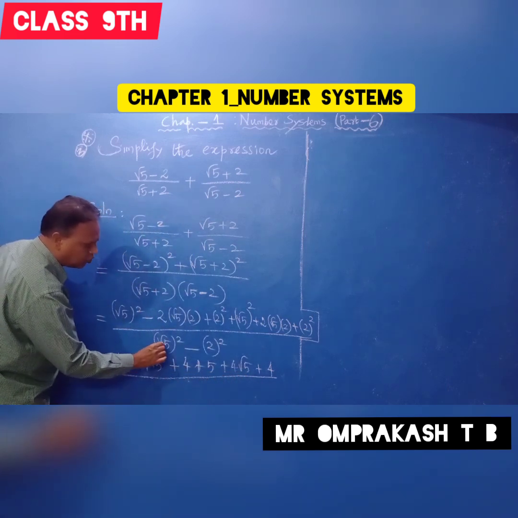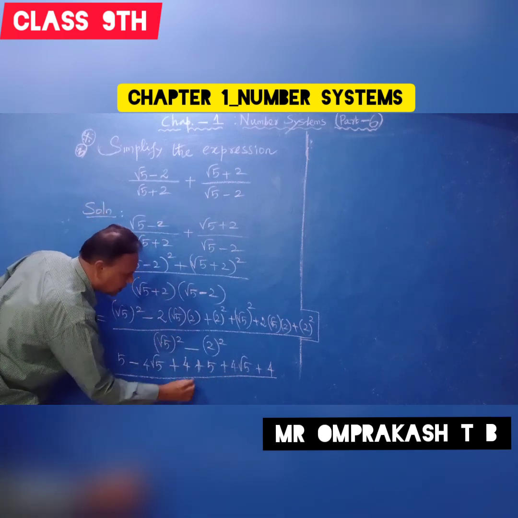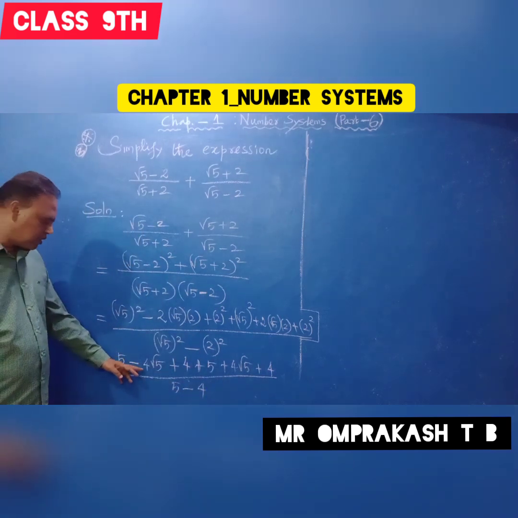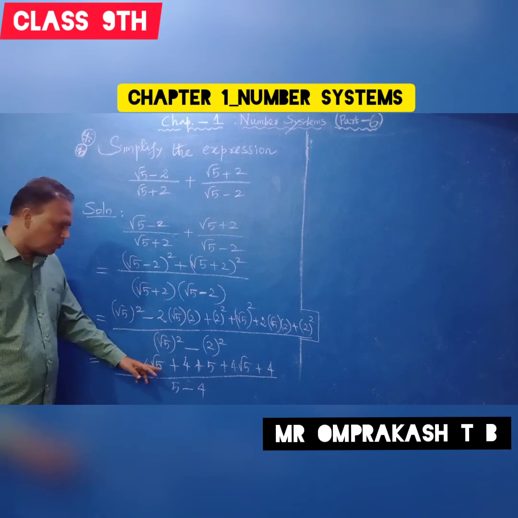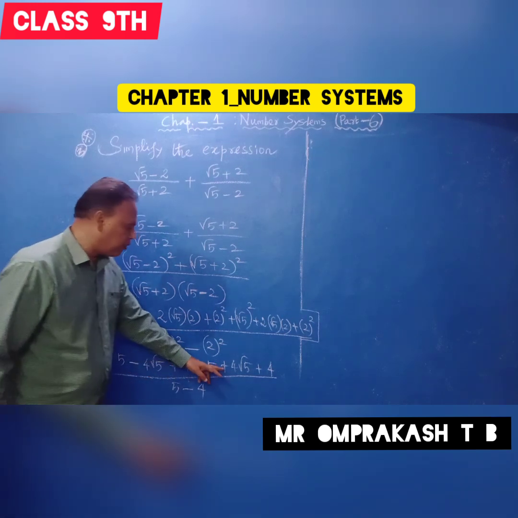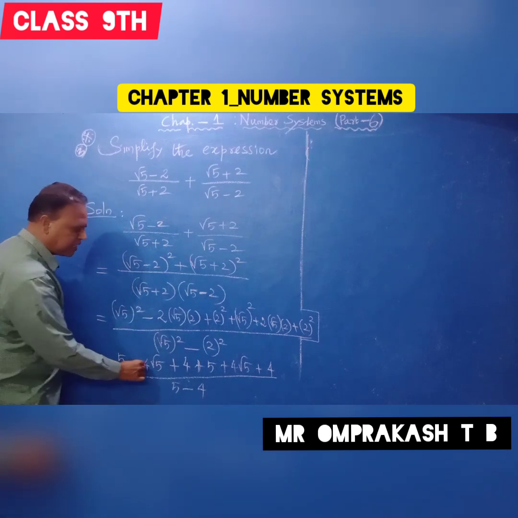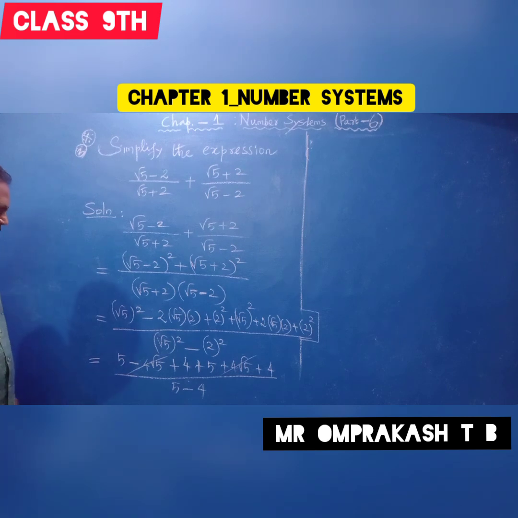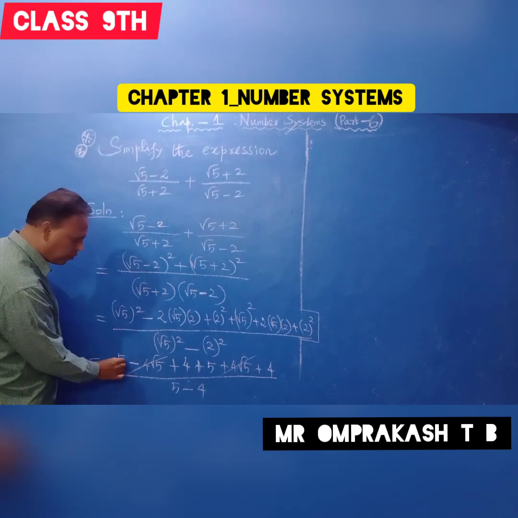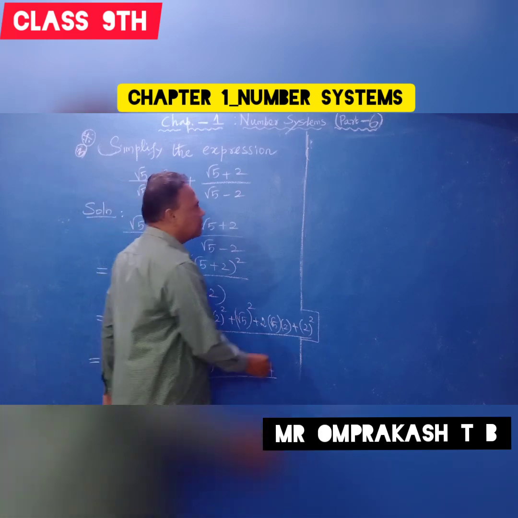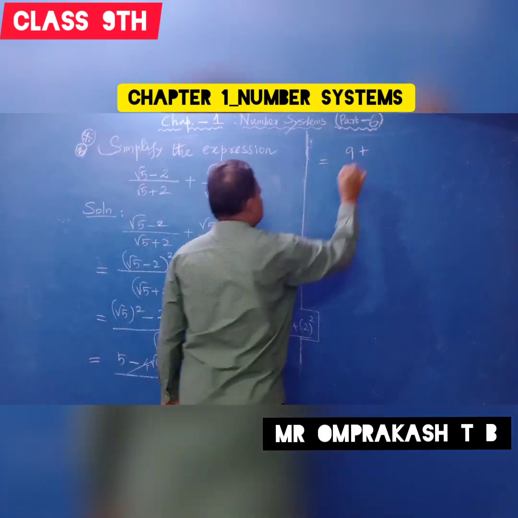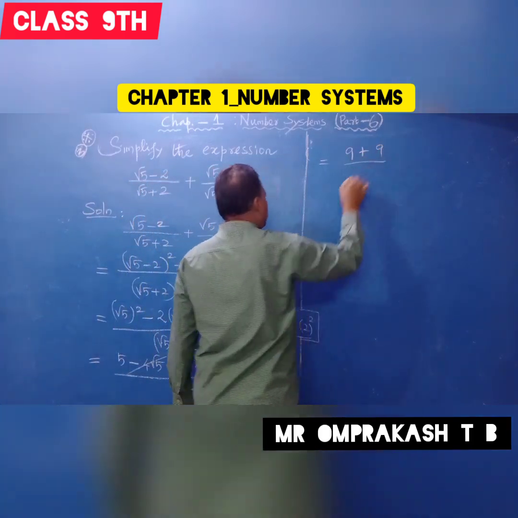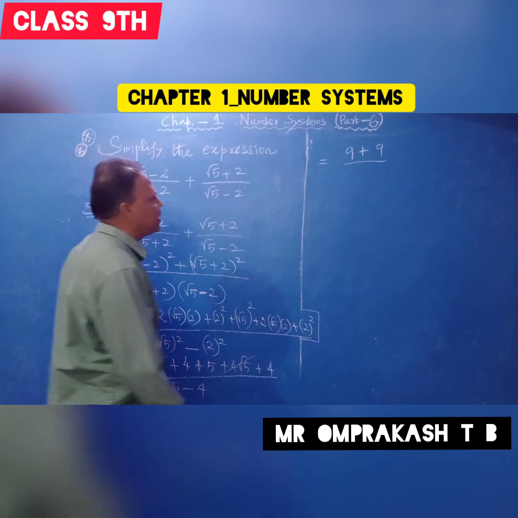Now the same terms, minus 4 root 5 and plus 4 root 5: one is minus, one is plus, so they are eliminated. Now 5 plus 4 is 9, plus again 5 plus 4 is 9, divided by 5 minus 4, which is 1.